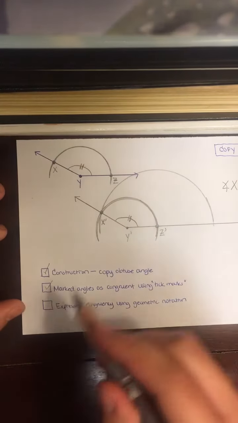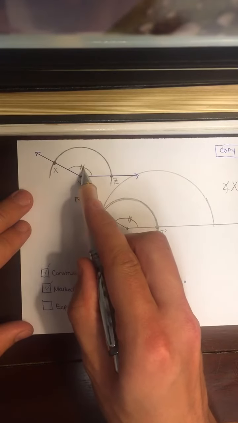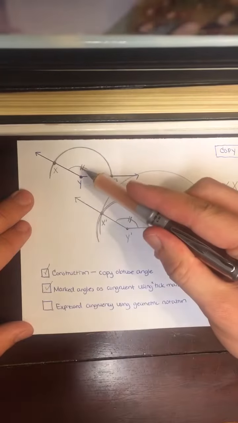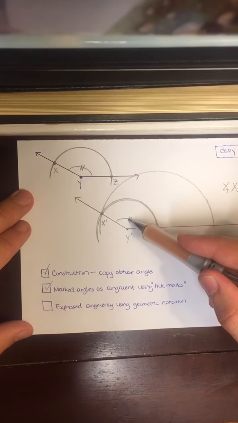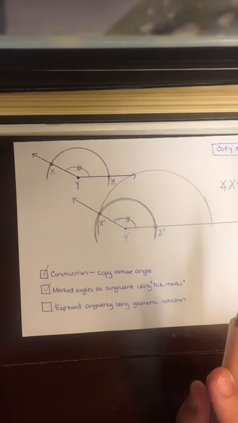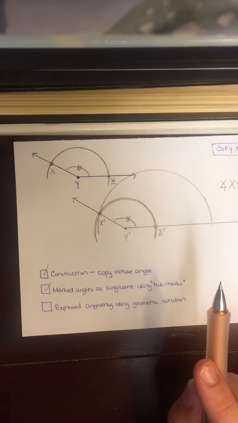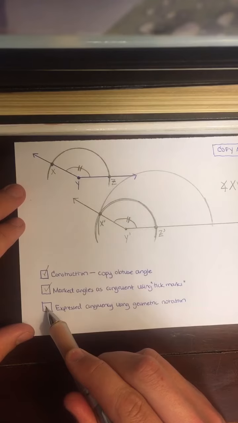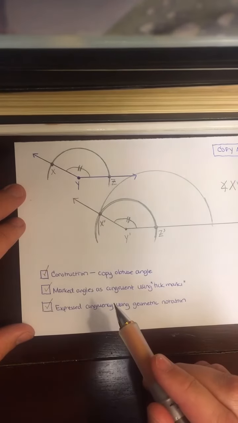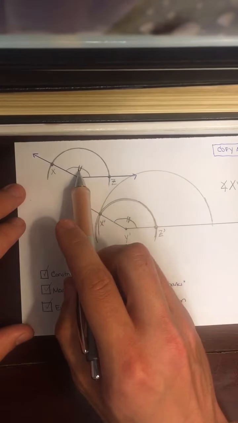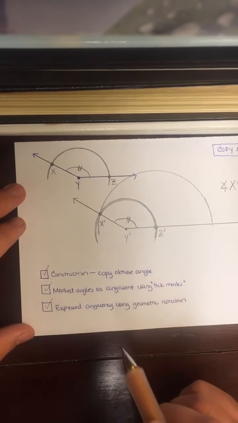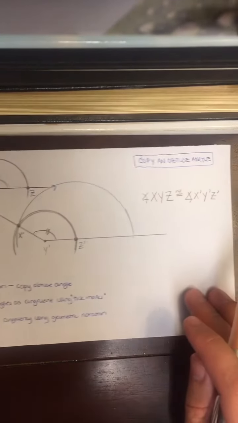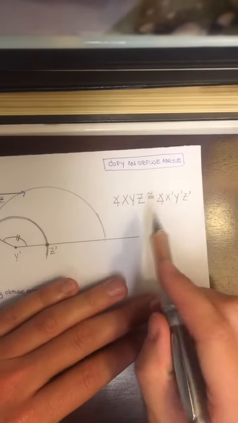So in the very end, I indicated that this angle and this angle are congruent, and I used 2 tick marks on each of the angles. That indicates that those angles are congruent. The last thing that I did successfully is express that these 2 angles, my original and my copy, are congruent using proper geometric notation.